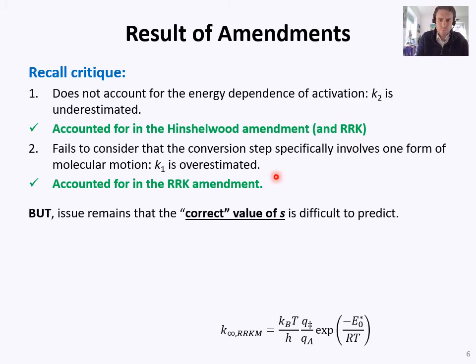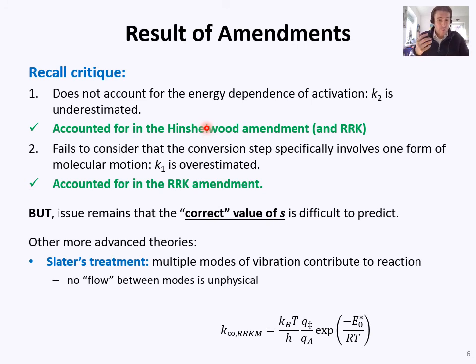The issue is that in both cases we have this problem with the value of S. It's not what it should be in both the RRK and Hinshelwood amendments, and that remains as an issue. So there are more advanced theories that have come along.